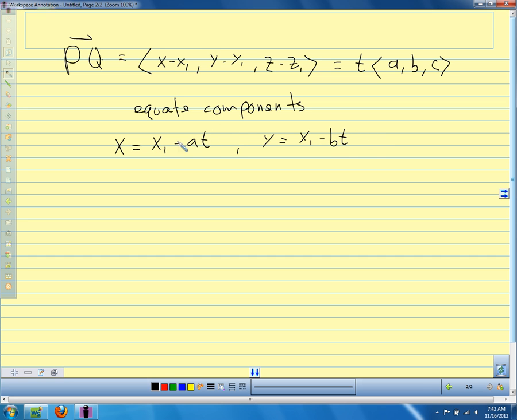I'm sorry, this should be a plus, and z equals z1 plus ct. So we equate our components. This gives us the standard equations, or parametric equations, for a line in space.